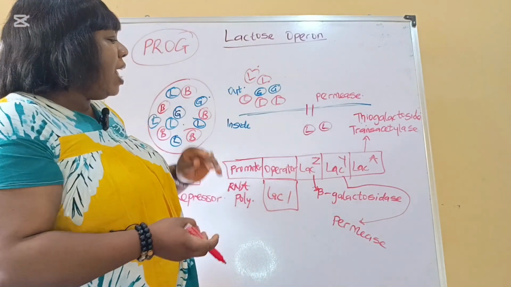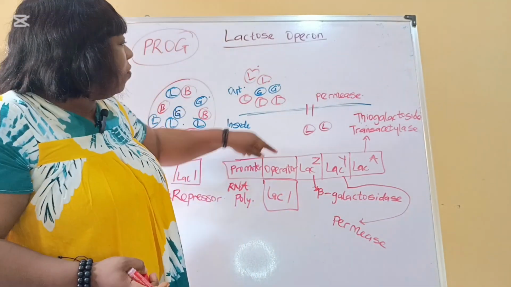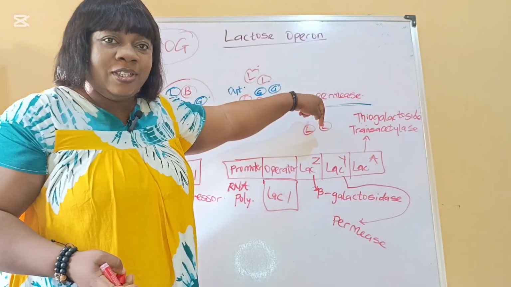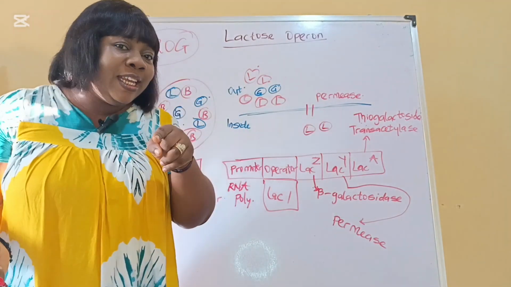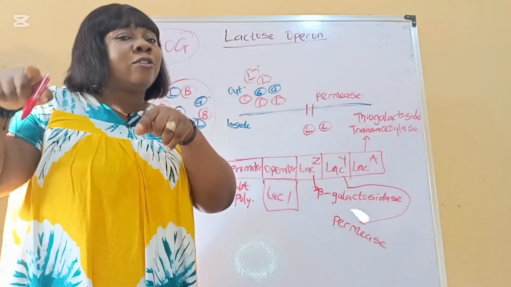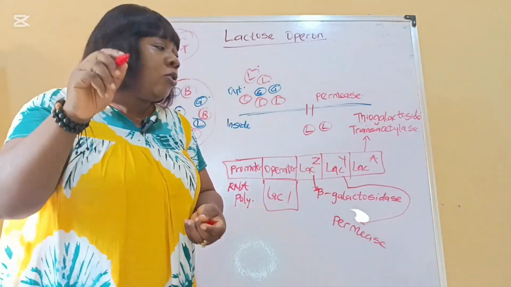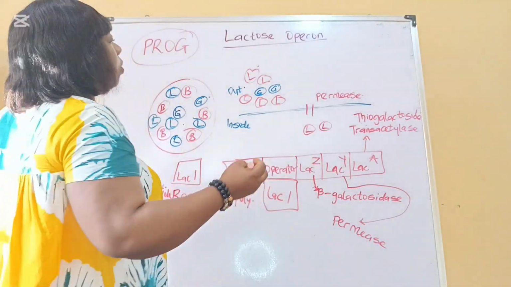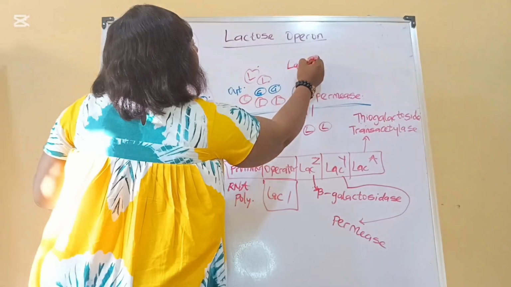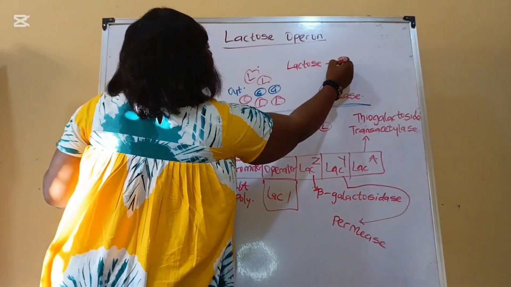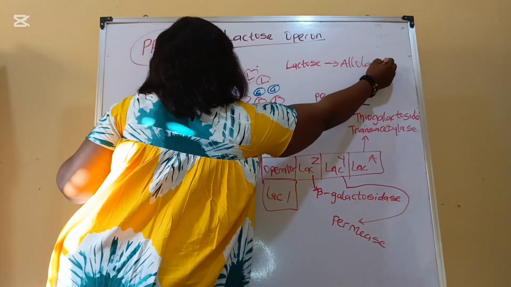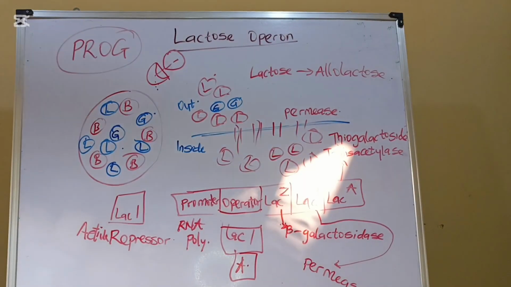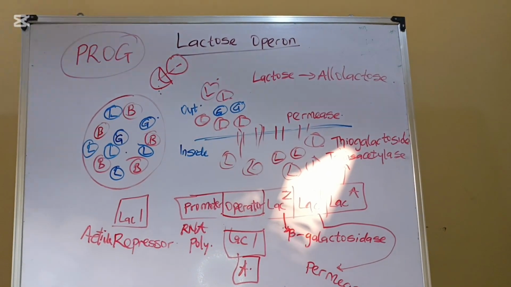Now, upon the entry of lactose into the cell, the lactose will be converted into allolactose by beta galactosidase.